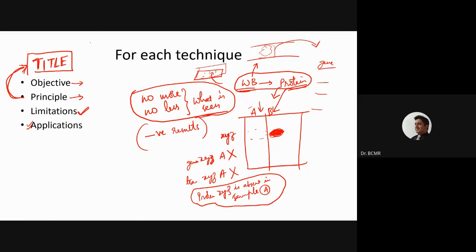Because most of the times, people who know this particular technique are going to ask you with the name of the title. And if you have already associated it with the principle, then it's easier for you to remember. Okay, try to do that. Because in the next 3-4 classes, maybe we will read about some 20 or 30 techniques. So keep that in mind.